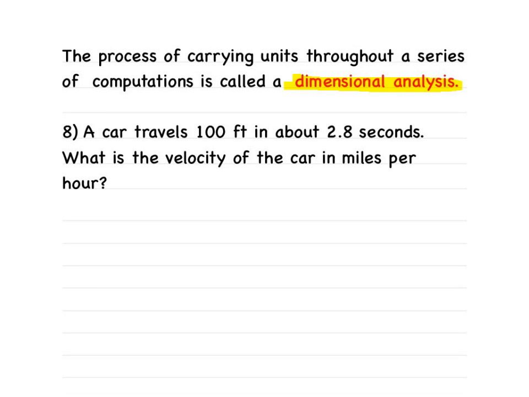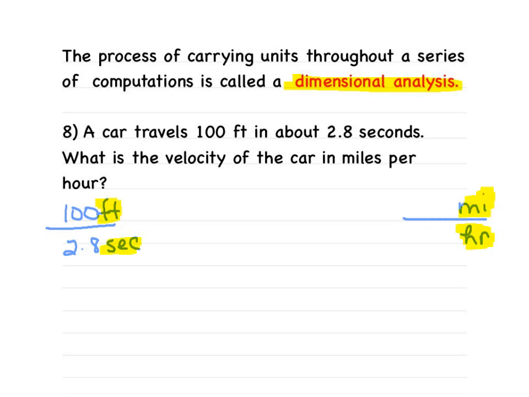Okay, so what we want to do is we want to take 100 feet in 2.8 seconds, and we want to convert that to miles per hour. So we want to change feet to miles and seconds to hours.